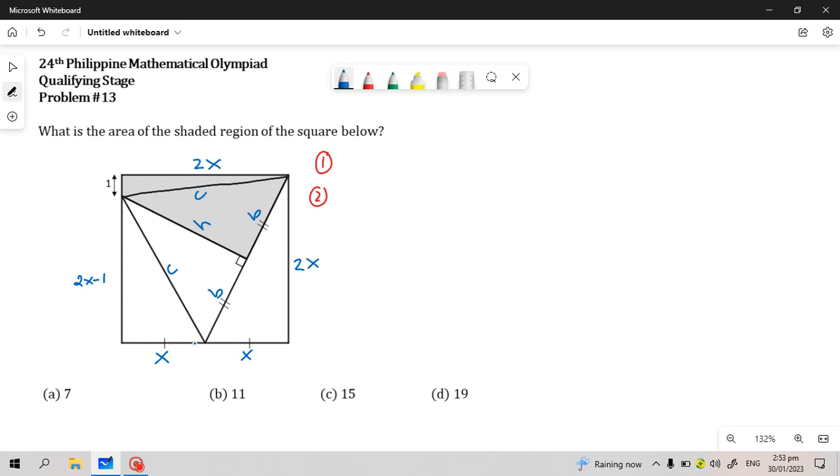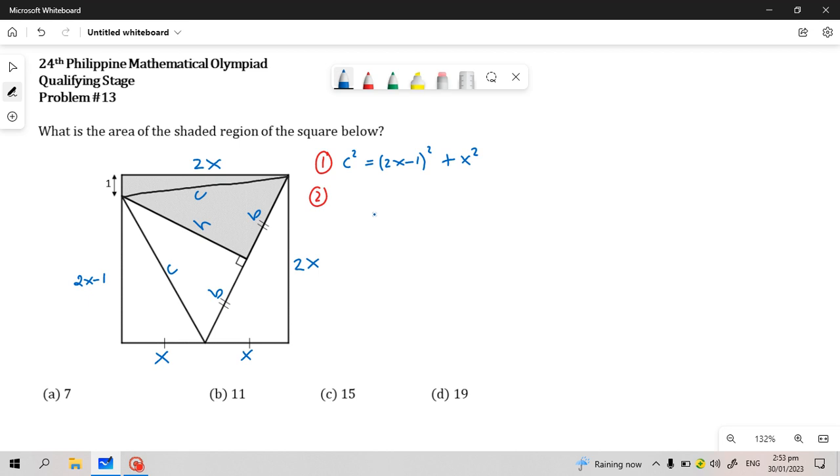So this triangle here is a right triangle. This angle here is 90 degrees. So from this right triangle, I can create the equation c squared equals 2x minus 1 squared plus x squared.